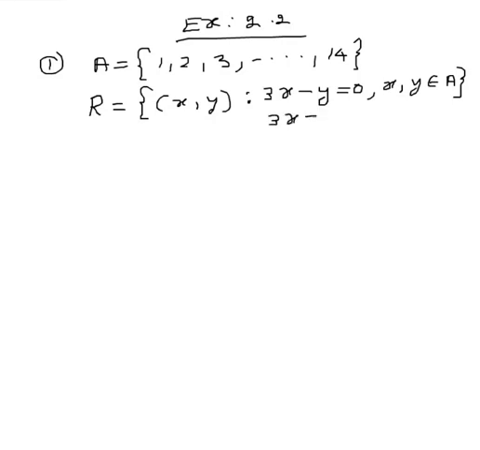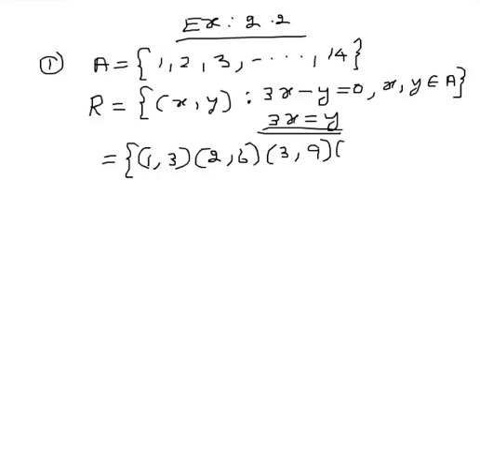So here 3x should be y. Let us write the elements in roster form. If x is 1, y is 3 by this condition. If x is 2, y is 6. If x is 3, it is 9. For 4 it is 12.